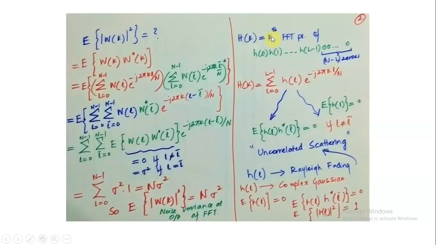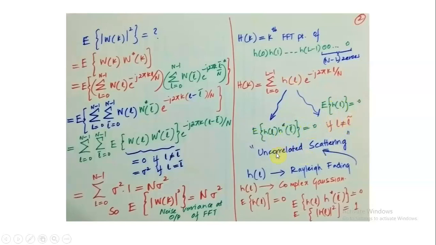Now what is Hk? Hk is the kth FFT point of this h vector, and we also do some zero padding as we discussed in the previous lecture, and because of the zero padding we add n minus l zeros. So for this equation for hk, the expected value of hl is equal to 0, and the expected value of hl into h conjugate of l dash is equal to 0 if l is not equal to l dash.